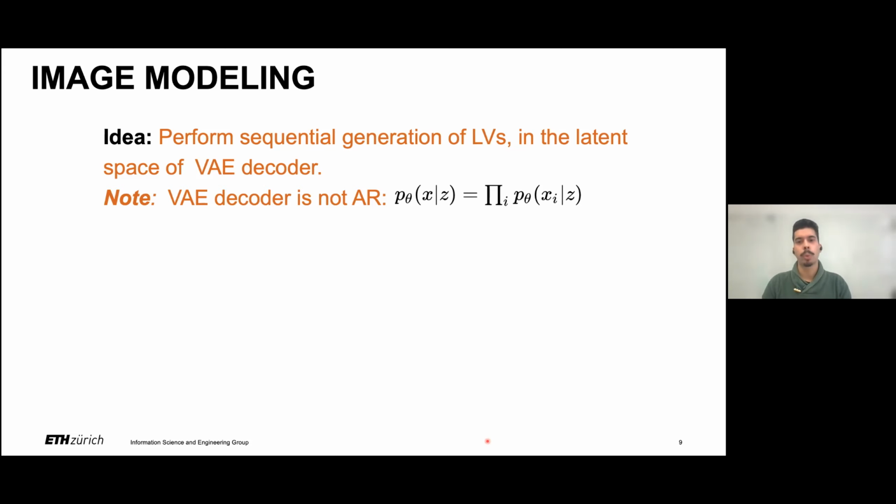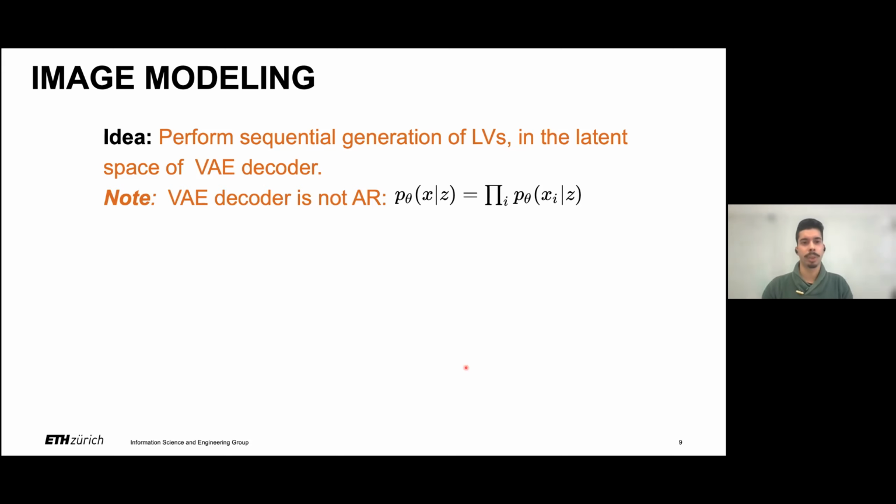This way we can still inject this inductive bias while avoiding the autoregression that makes it prohibitively computationally expensive. This means that the pixels are now statistically independent, conditioned on the latent variable.